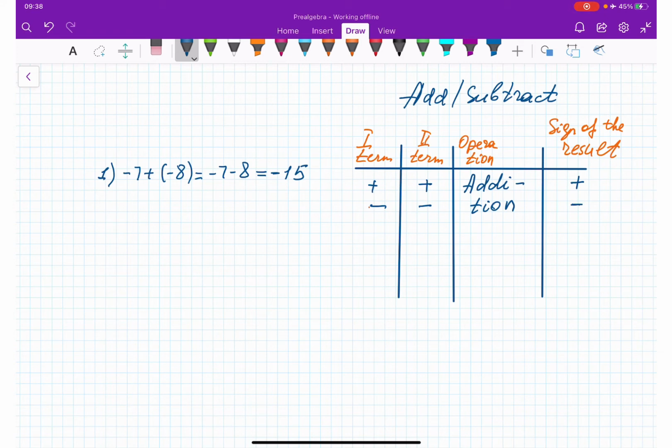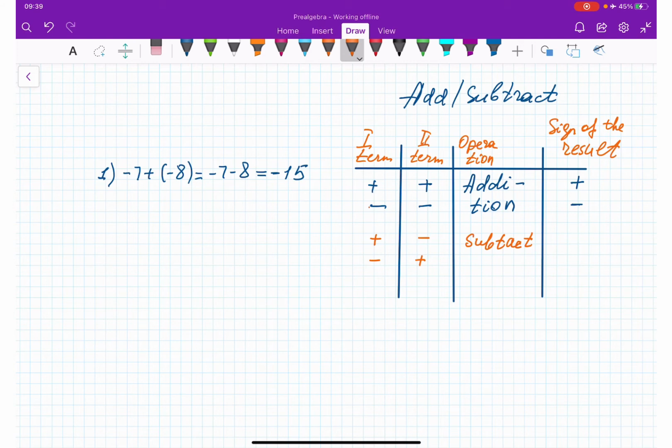Okay? Now, next one. When we have two different signs, let's say positive, negative, and negative, positive, what operation do we do? We have to do subtraction. Subtract.